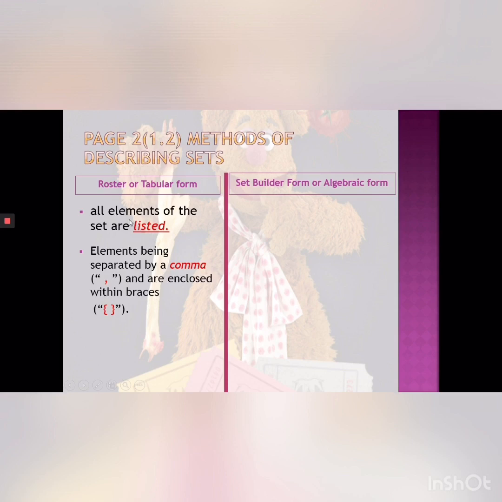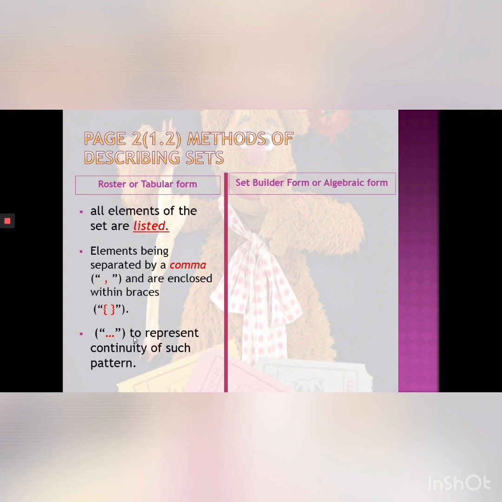And of course, once we are done writing the elements, we have to apply the comma symbol. It means that these elements are being separated. Then later I'll give more examples.